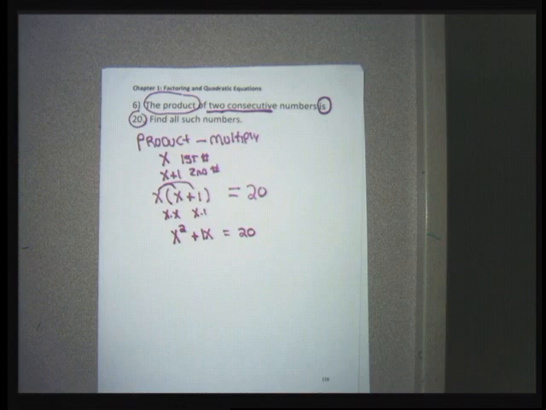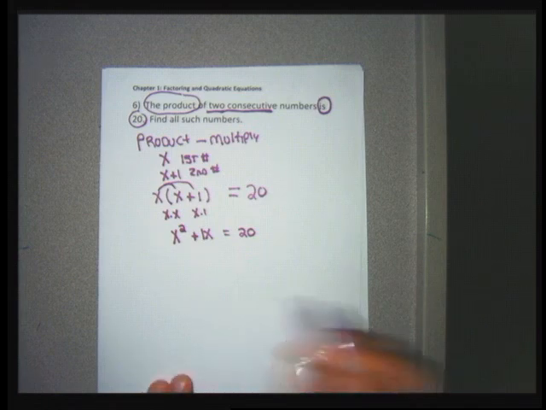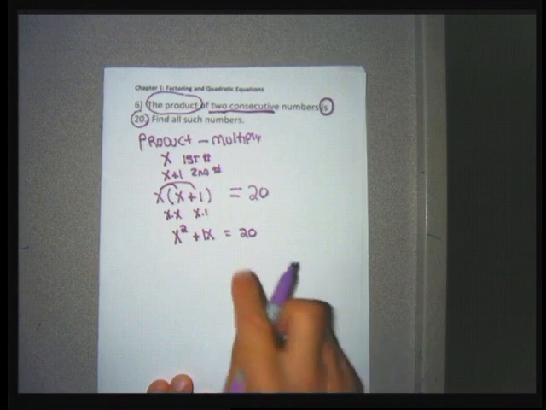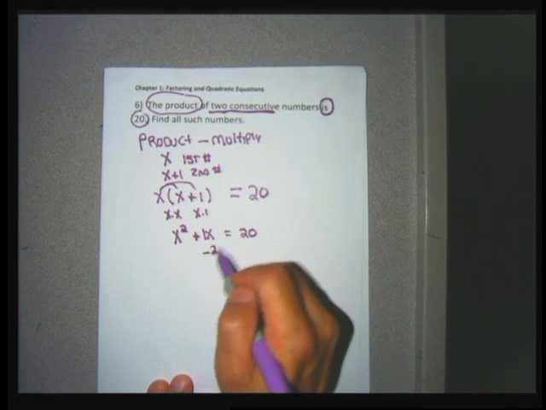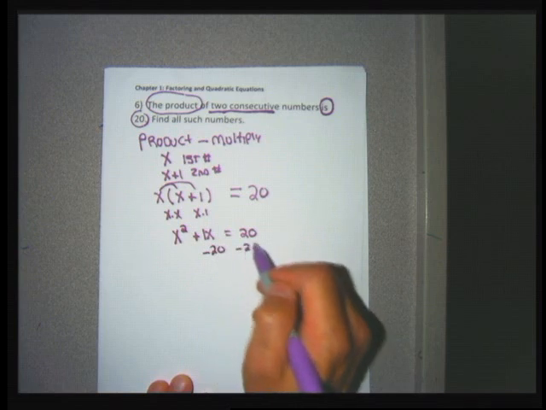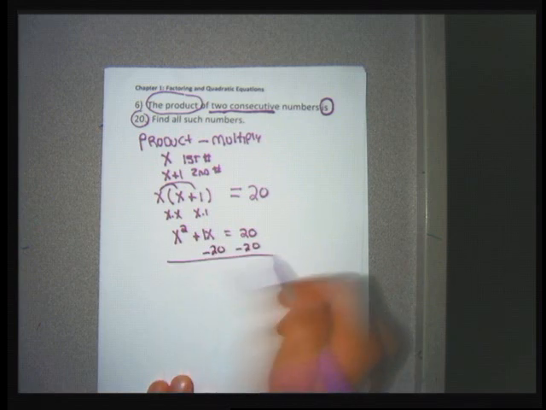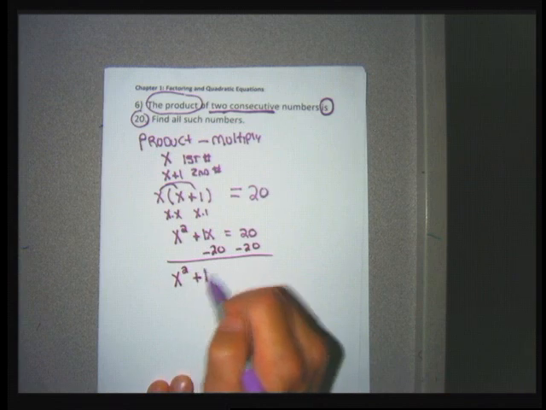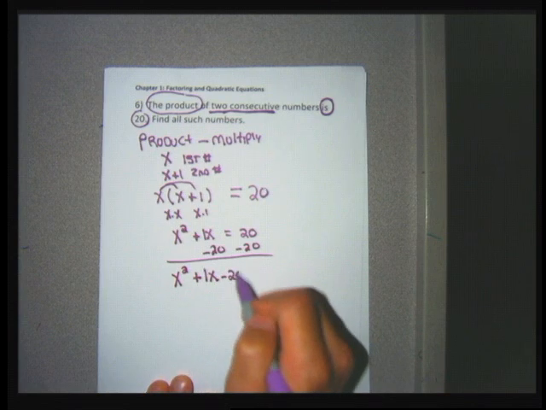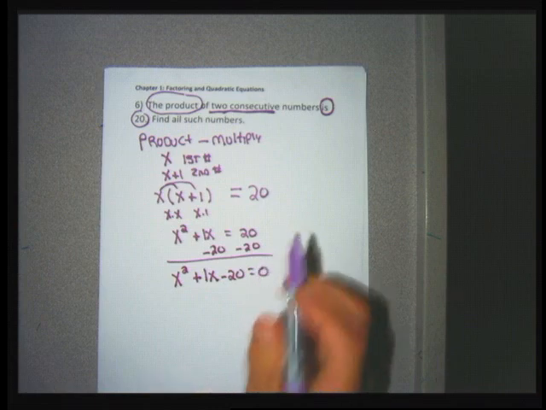So just like the last 2 problems, I have a square, and usually when you have a square in a problem that has an equal sign, you want it set equal to 0. I always try to get the 0 on the side that doesn't have the square term, so I'm going to minus 20 from both sides, and that's going to take me to x squared plus x, or I can write plus a 1x minus 20 equals 0.